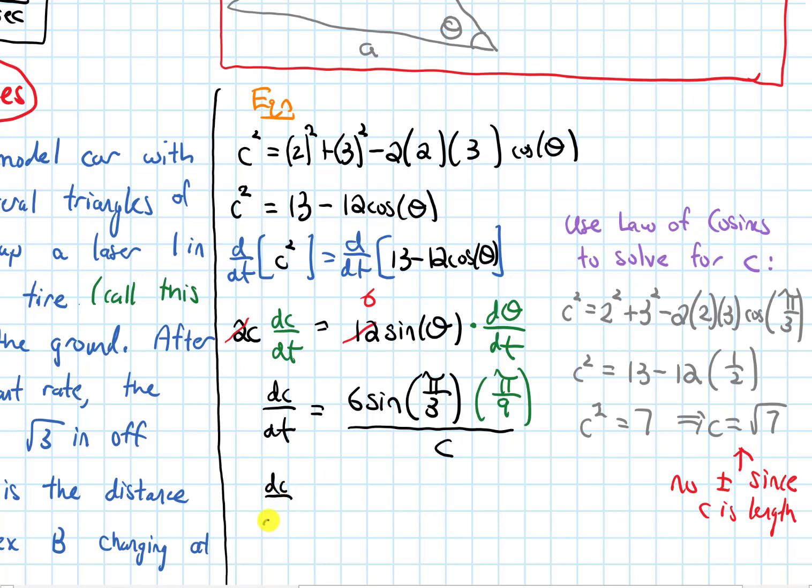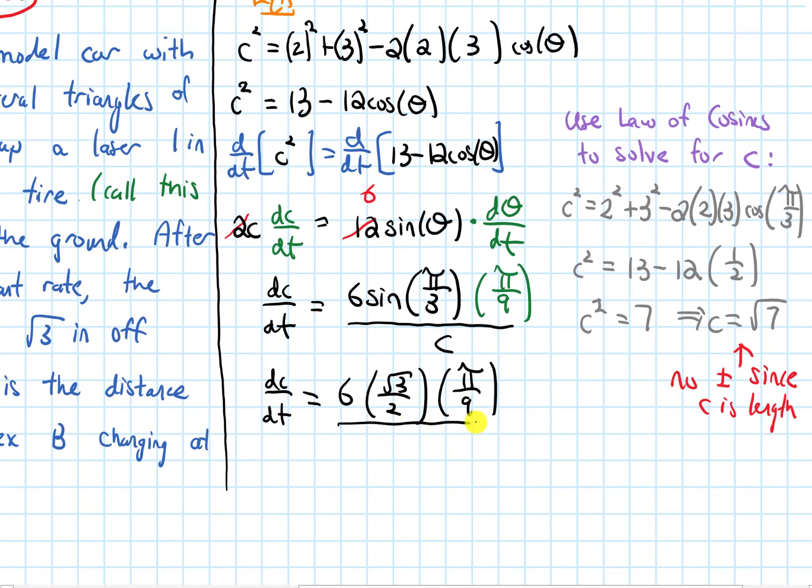So dC dt is going to be equal to 6 times sine of pi over 3, which is root 3 over 2, times pi over 9, divided by C, which is root 7. If we simplify this a little bit, with the 6 and the 2, I could cancel.